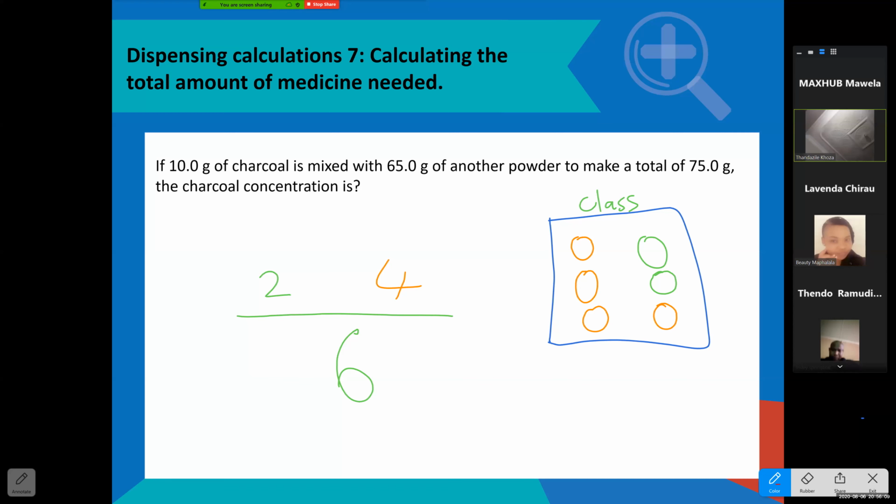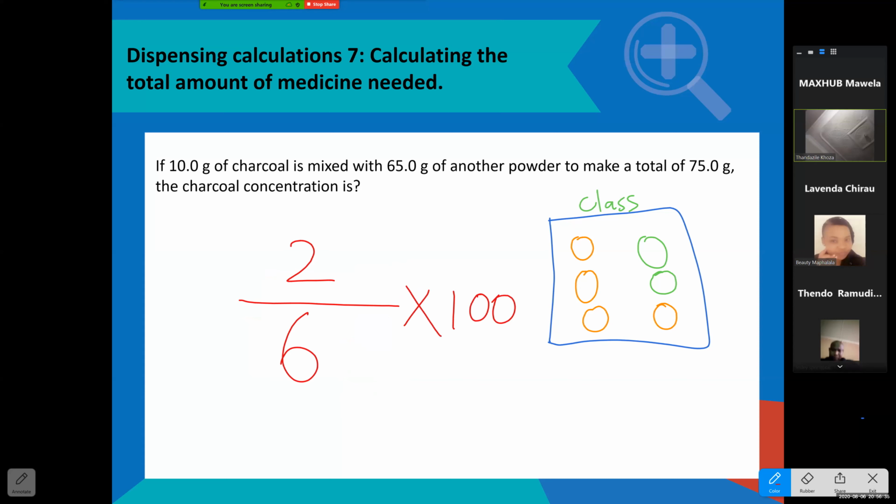So the question is, what percentage of learners in the class are green? That is the question. In this class, we have 2 of the 6 learners that are green.